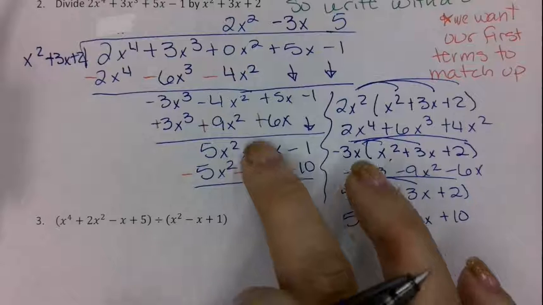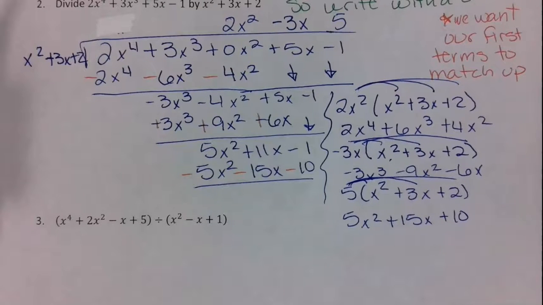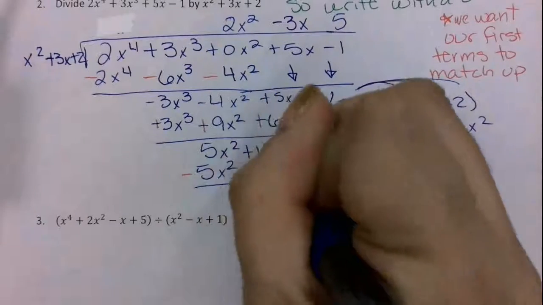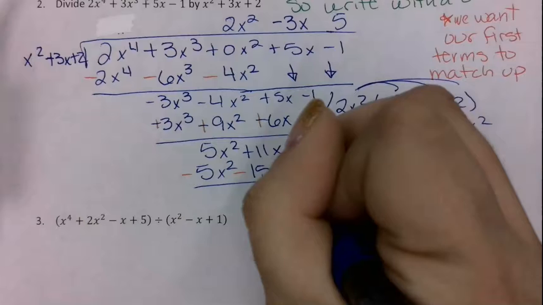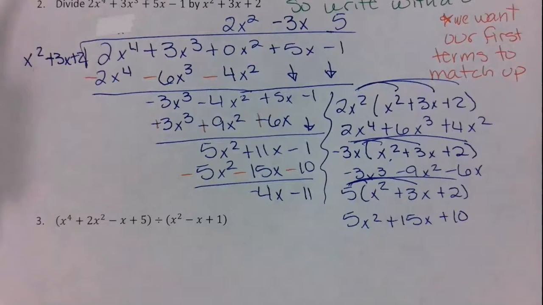Yeah, when we subtract these, what do we get? Negative 4x. And then minus 11.